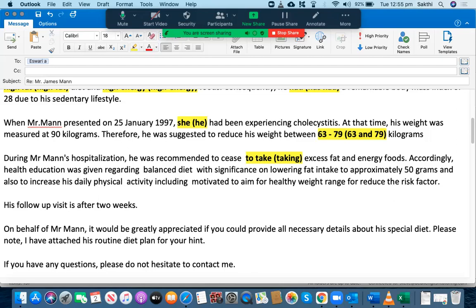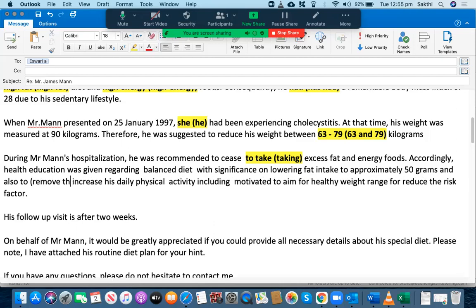With the significance on lowering fat intake to approximately 50 grams and increase his physical activity, you don't need to include also or to. So this could have been removed. Okay, remove this phrase, please.